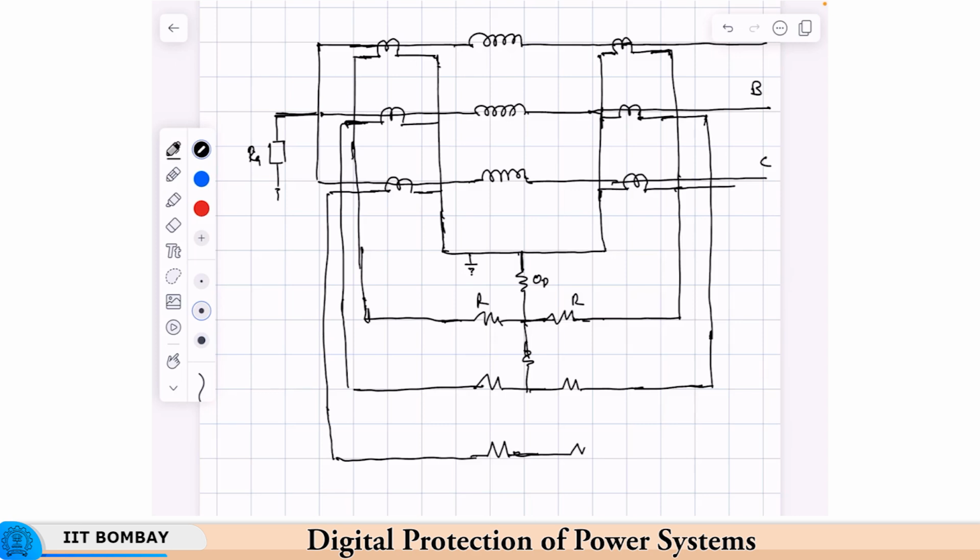We still have to show the operating coils, but we will do that shortly.